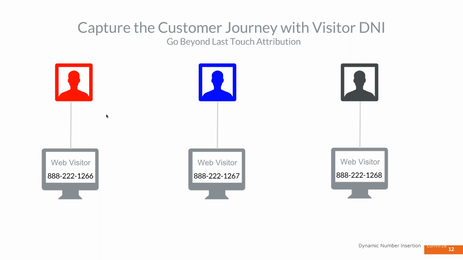So on a visitor level, if this was the first time that they've been assigned or visited, then we would cookie this visit, and this is the number this visitor would be assigned, and it will continue as they come back.